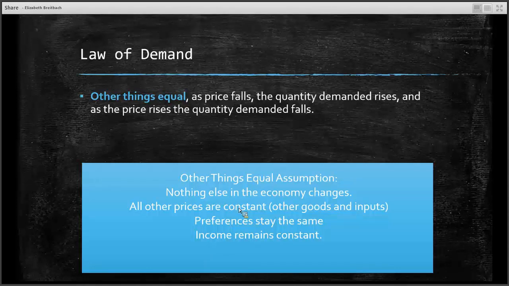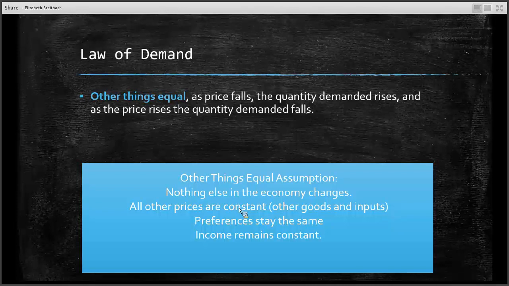That's the only thing that changed. Nobody all of a sudden decided that, oh, I love coffee and I didn't yesterday. Or nobody decided, well, I'm just going to charge my workers higher wages. There's nothing else changing in the economy. Everything else is staying exactly the same.